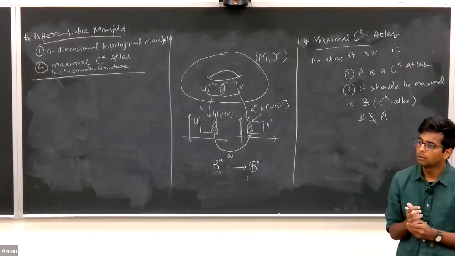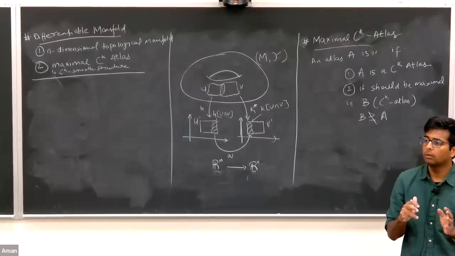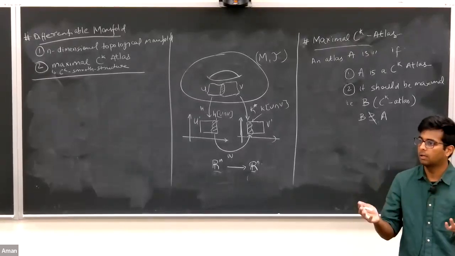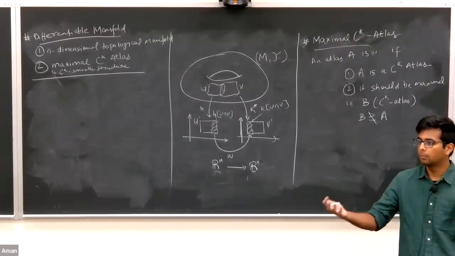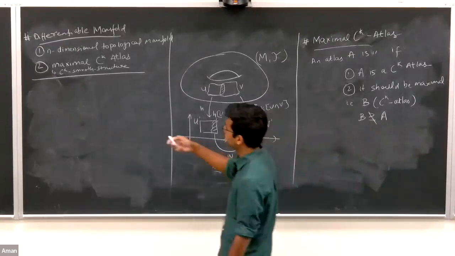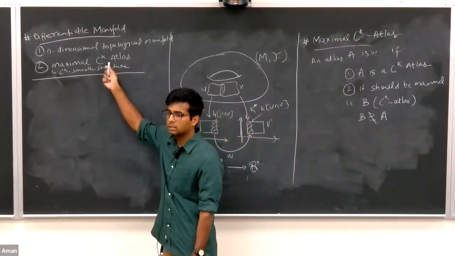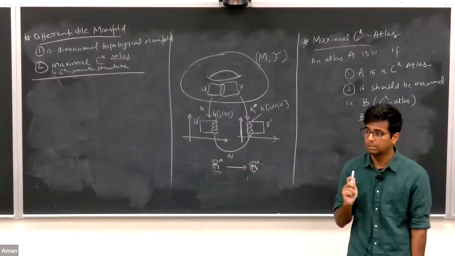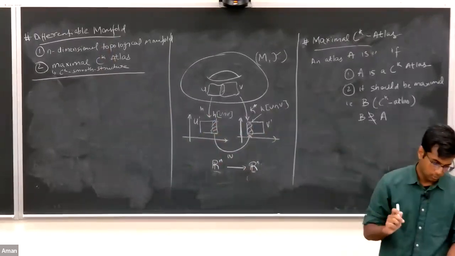Yes, so there are also maximal ones. The definition only suggests that there is at least one maximal atlas for a manifold, but there can be multiple atlases. But if you can pick one of those which is a maximal CK atlas and use that, then you can define a differentiable manifold using that atlas. Thank you. All right.